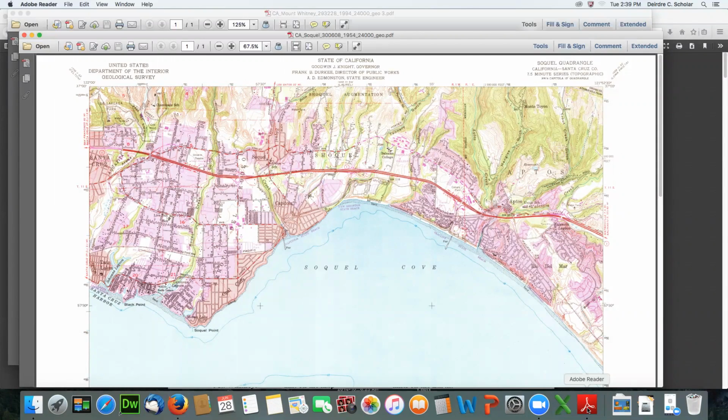Now, looking more closely at the geographic coordinates of the corners of the map, notice that there are no directions, north, south, east, or west, listed next to these latitudes and longitudes.